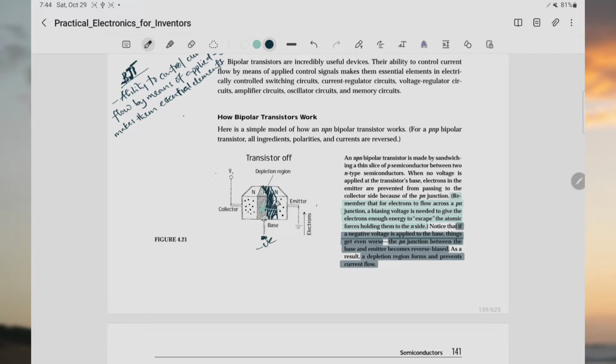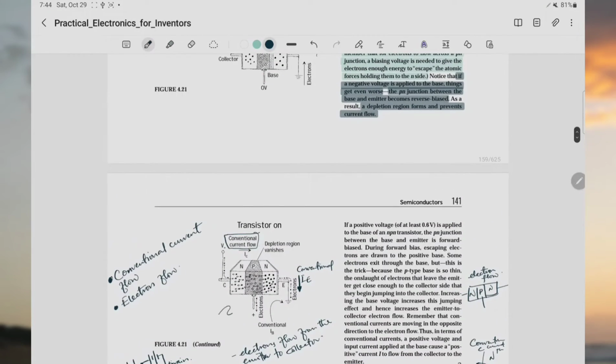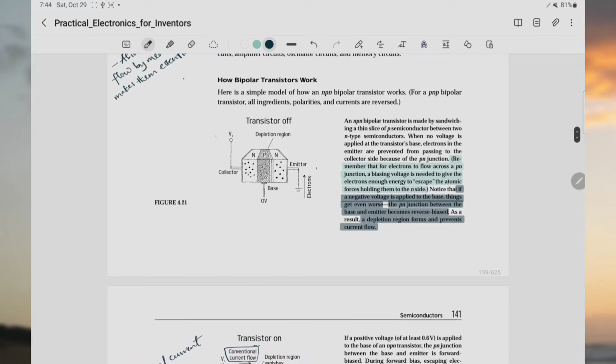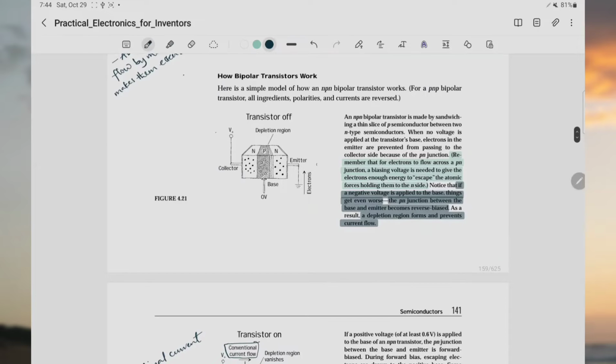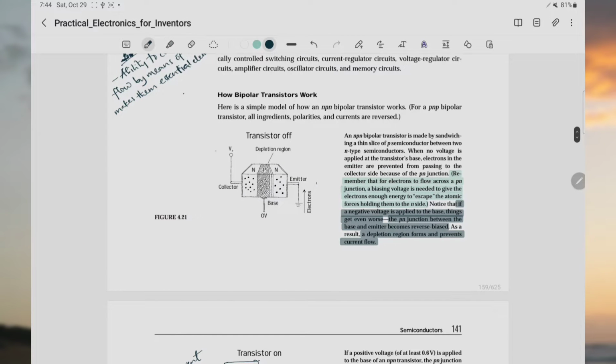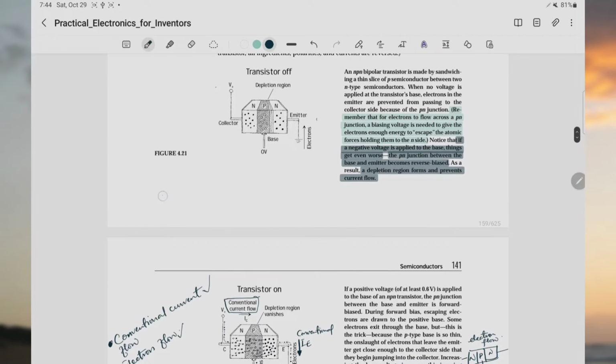Now let's talk about forward biasing. Before I come to this diagram here, you need to know that there are two analogies that we majorly use: the conventional current flow, and the electron flow. Let me show you guys.